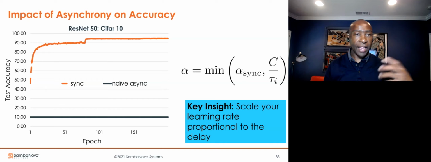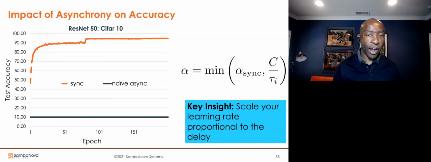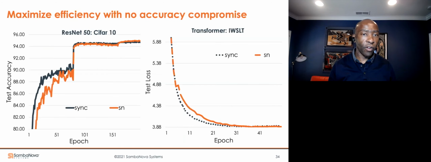And if you make this change to your learning rate to accommodate asynchrony, all of a sudden things start working correctly. And so what we see here is that with the vision model, ResNet 50, the asynchronous algorithm in orange here matches the test accuracy of the synchronous algorithm.